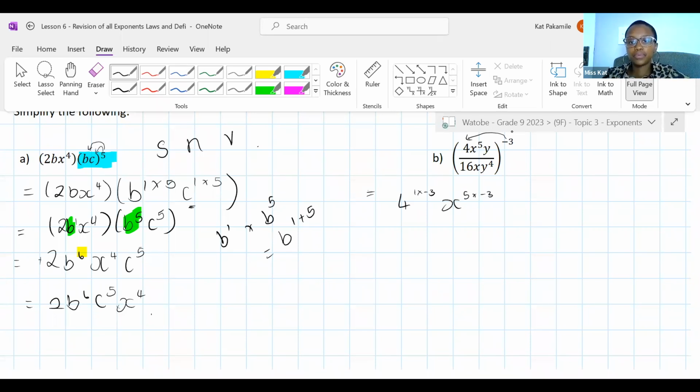And then y to the power of 1 times -3. We're done in the numerator. Over 16 to the power of 1 times -3, x to the power of 1 times -3, y to the power of 4 times -3.